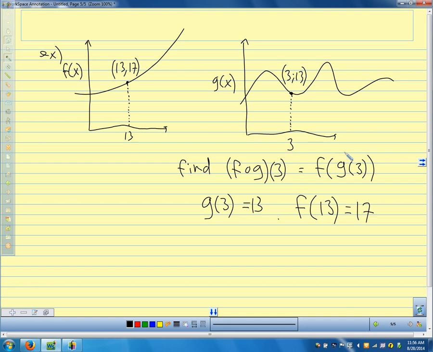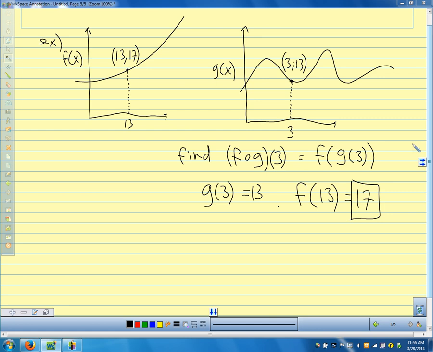And then we're evaluating f at whatever we get there. So g of 3 is 13, f of 13 is 17. So f of g of 3 equals 17. So we can pick out these compositions from our graphs. Are we good there?